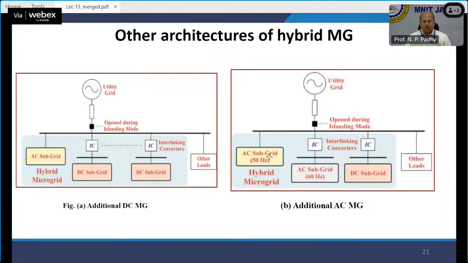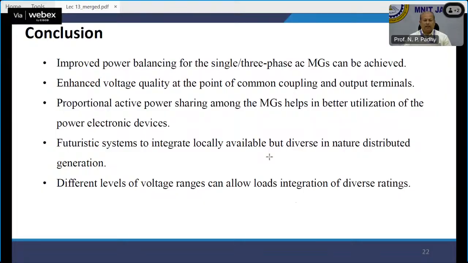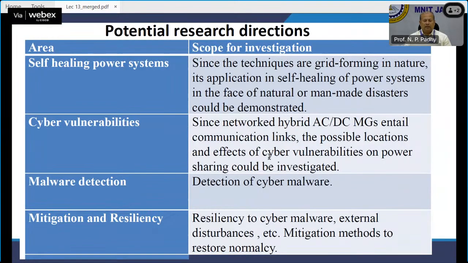Now we can also focus on different other architectures of hybrid microgrids, additional DC microgrid, additional AC microgrid, and potential research direction is slightly something different.